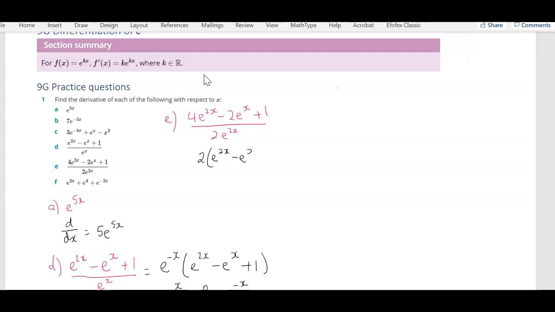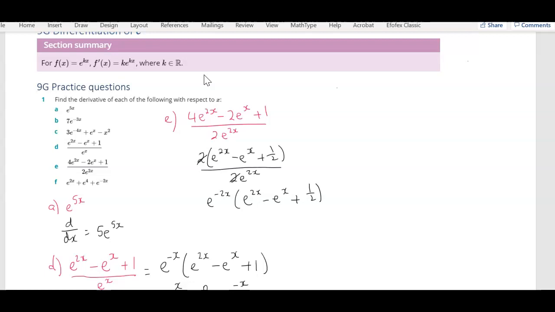And that 1 is going to become a half over 2e to the 2x. So they actually now cancel out. And then I'll bring that e up. It's e to the negative 2x, times e to the 2x minus e to the x plus a half.